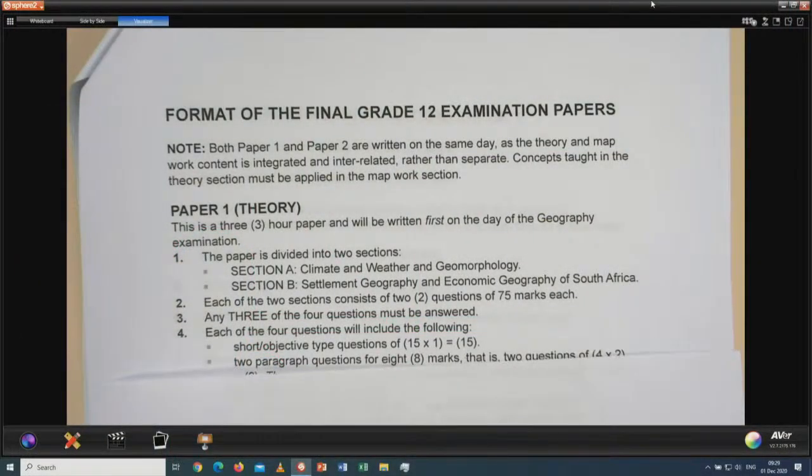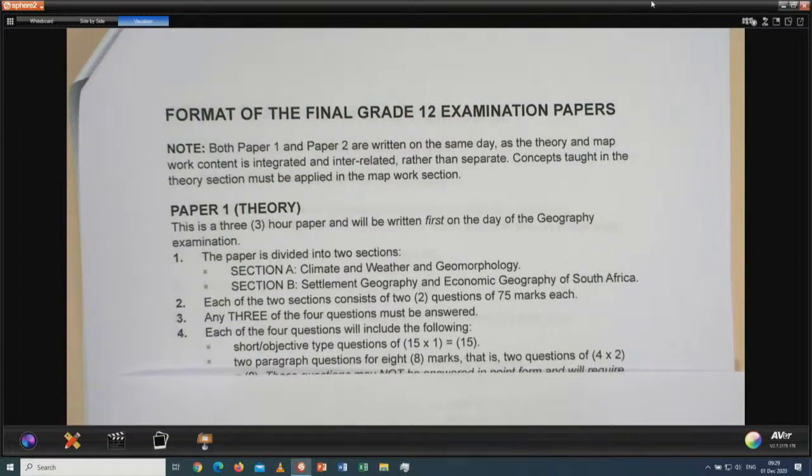2 paragraph questions of 8 marks per question. That is 4 points multiplied by 2 marks. So you need to have, in a paragraph that you're going to write, at least 4 facts. Each and every fact counts for 2 marks. So that is a paragraph question.